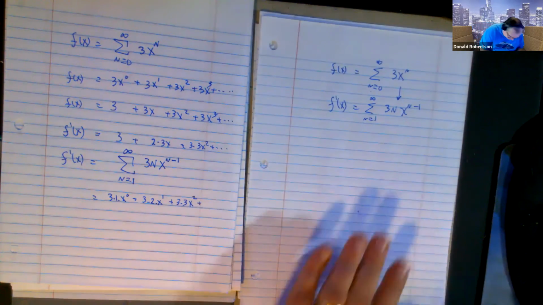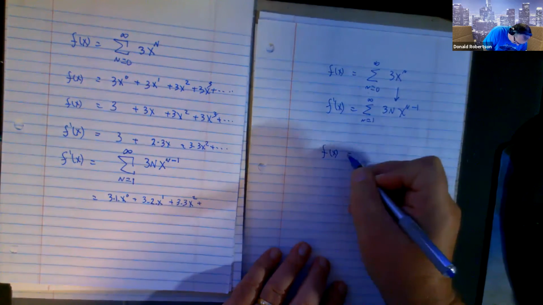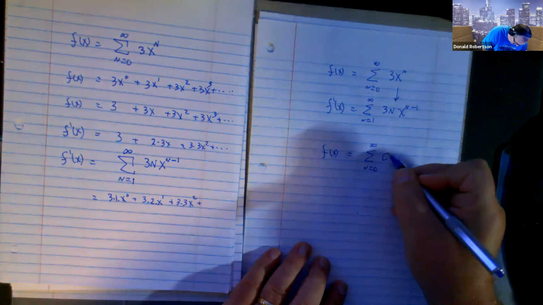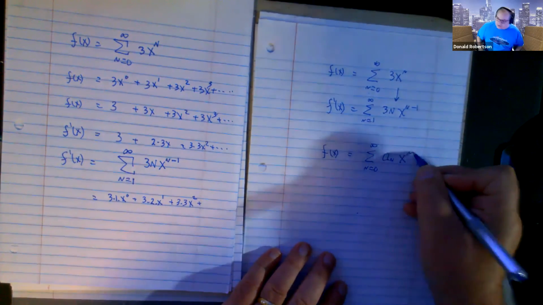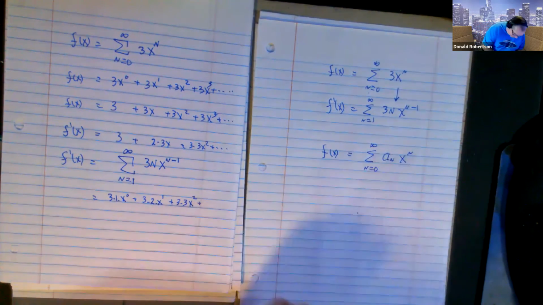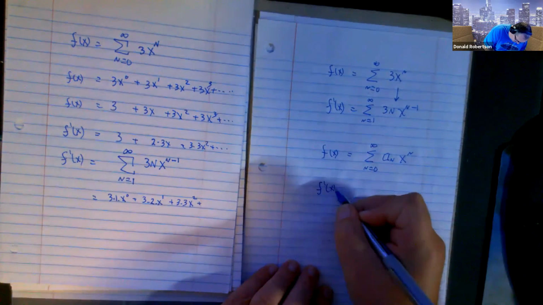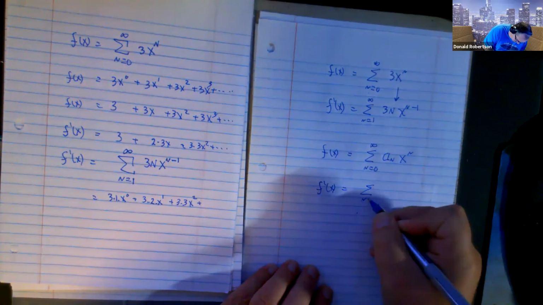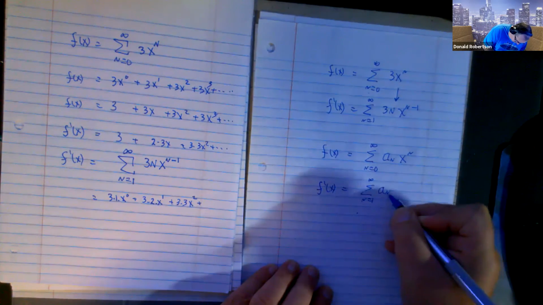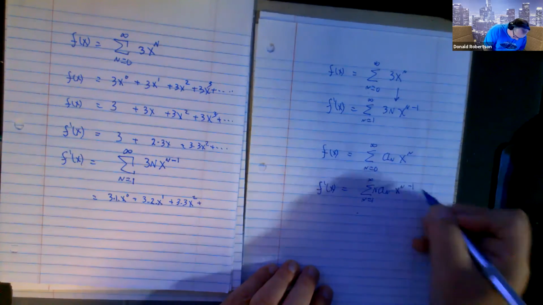So this is a general truth that I'm now going to tell you. If you take any power series, and it's going to be an x to the n, right? Any power series in the world can probably be written like that with a bit of effort. Then its derivative will look like that.